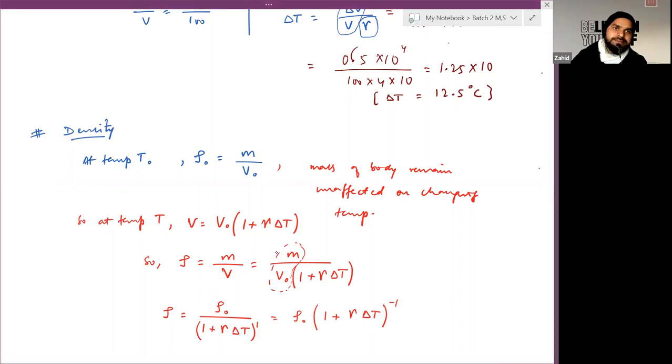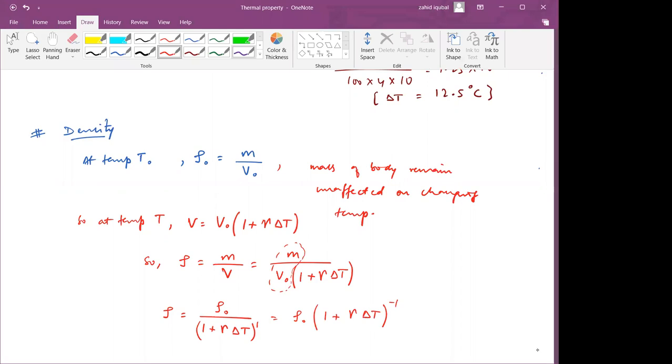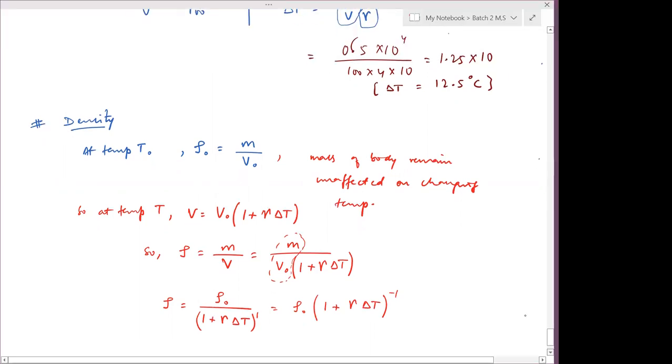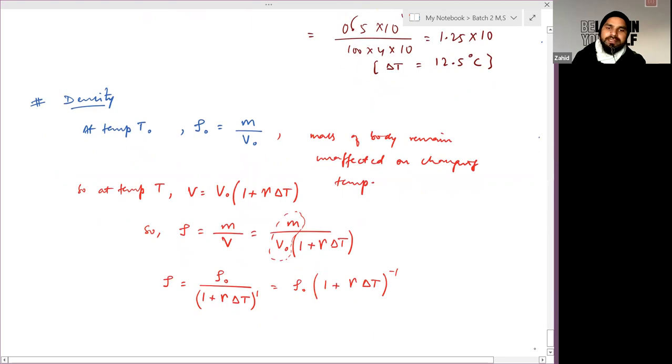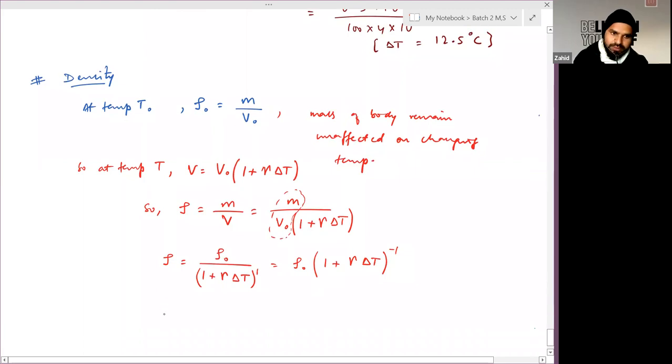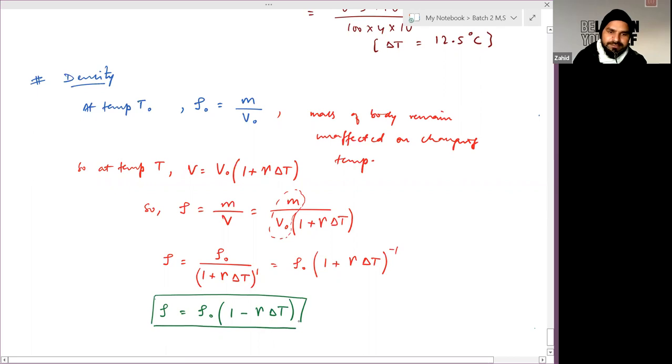Samira, is it clear? Yes, sir. Now, according to binomial expansion, we may write this minus 1 multiplied with its coefficient. So rho equals rho naught times 1 minus gamma delta T as final expression of density.